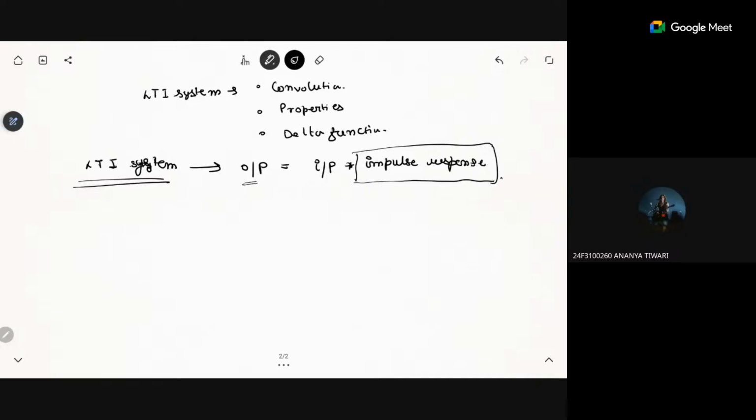Based on the characteristics of the impulse response, we can tell about the system. Just by knowing the impulse response, we can say whether this system is stable, invertible, causal, memoryless, and everything. You must have gone through the lectures. I will just give a brief and then we can solve some examples.